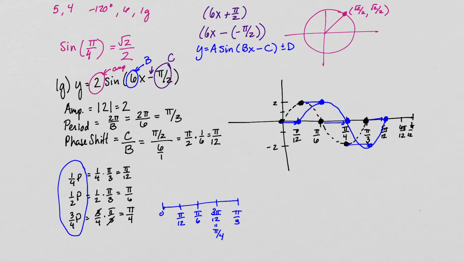So let me copy this. I did 1G already. I don't know what happened there. Undo. All right, well, let me write these, because it doesn't want to let me copy.